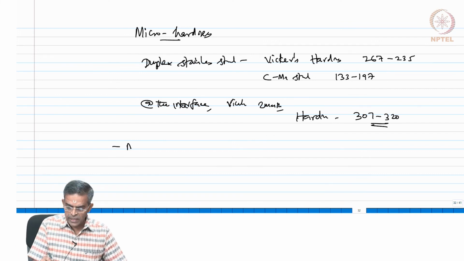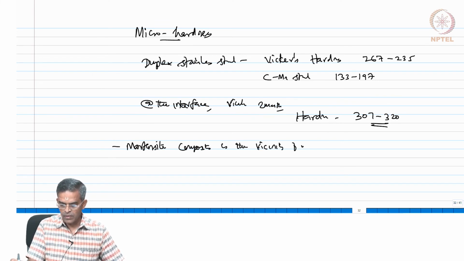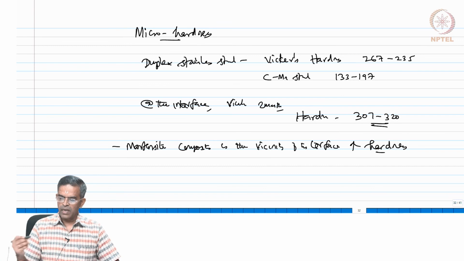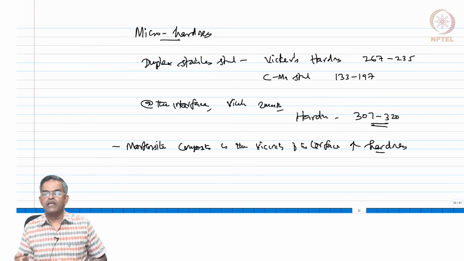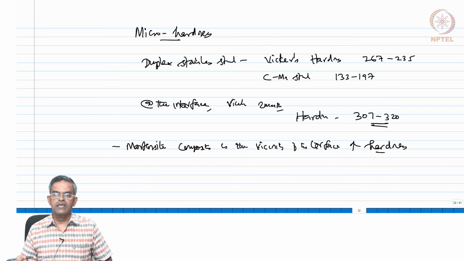So, the martensite composition in the vicinity of the interface has increased the hardness at the interface. So, it has never failed in interface because of this reason, friends. You can see in tensile test the interface separation did not occur.